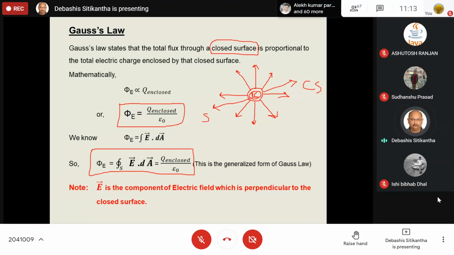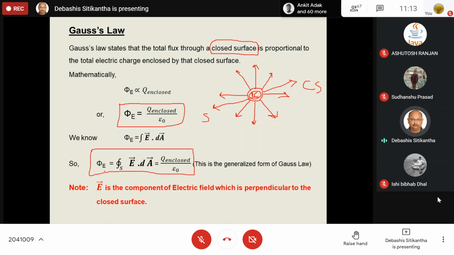When we move on to the last chapter, on electromagnetic waves, we'll see that this Gauss law becomes one of Maxwell's equations. We'll discuss all those things later in the last chapter.